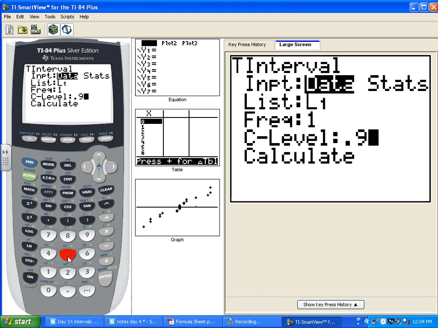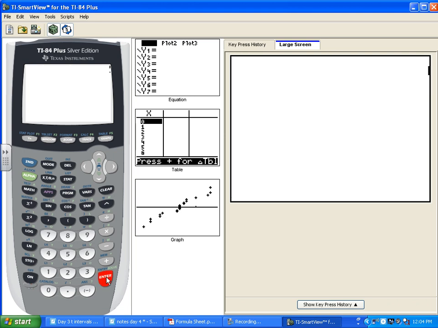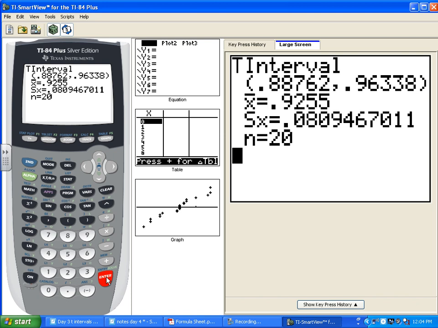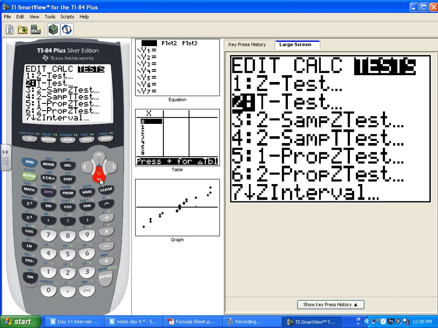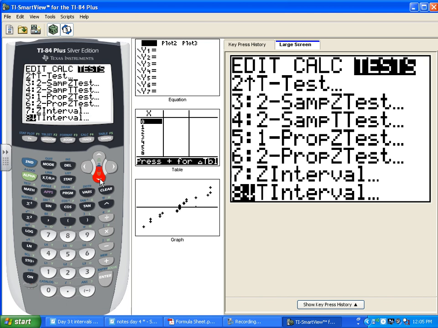We'll do the 95% confidence level. Hit calculate. I'm shocked to see that they tell me my x bar and my standard deviation. Oh, I asked for 95 because I didn't read the slide. So we need a 99% confidence interval, not 95.